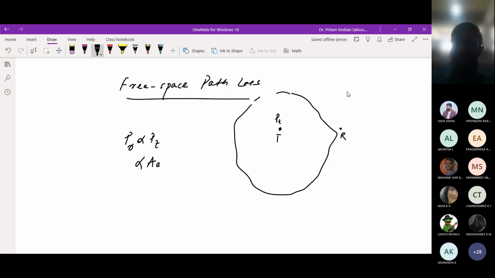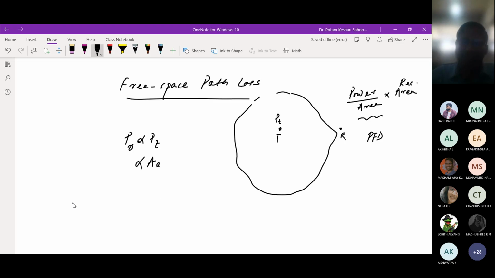Let me write here the power per unit area, because it is radiating in all directions. So power per area multiplied by the receiver area is the amount of power the receiver will receive. This power per area factor is called power flux density.